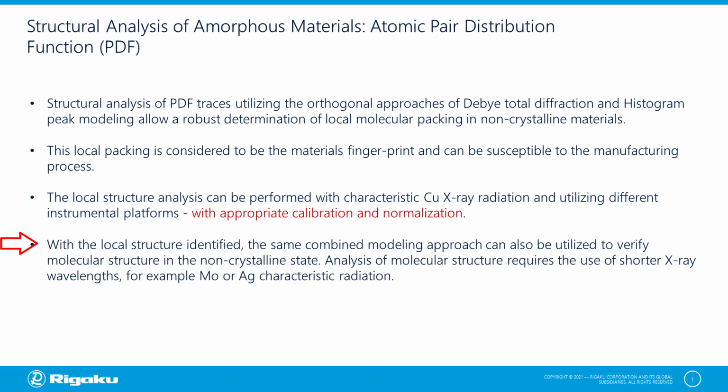With the local structure identified, the same combined modeling approach can also be utilized to verify molecular structure in the non-crystalline state. However, to do this type of analysis, you really do need to use shorter X-ray wavelengths. For example, molybdenum or silver are perfect for molecular structure characterization. And I found that for almost all organic materials I've looked at, molybdenum is just fine.